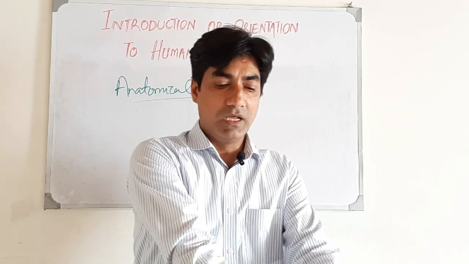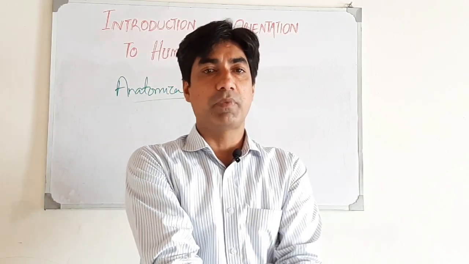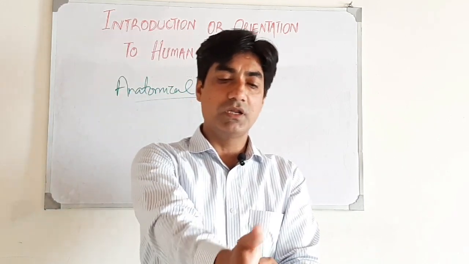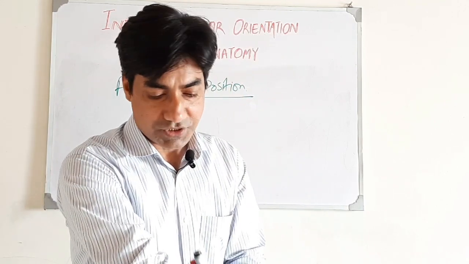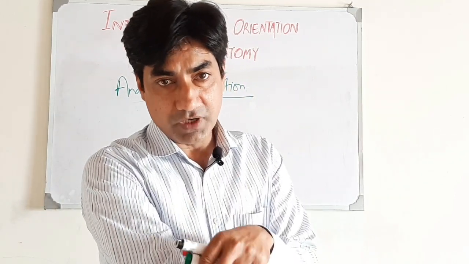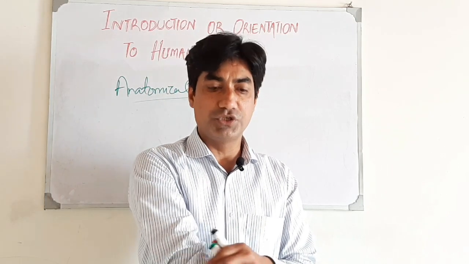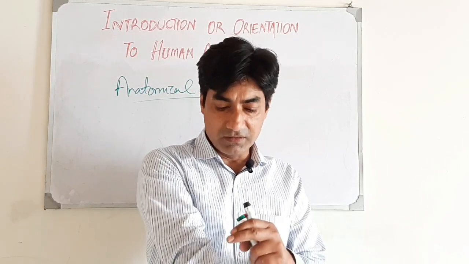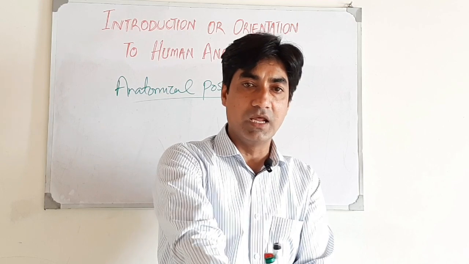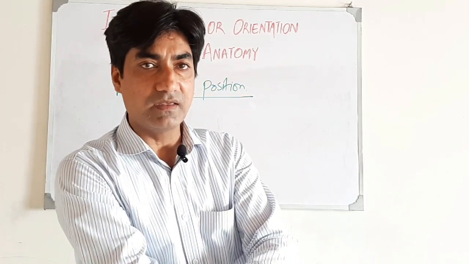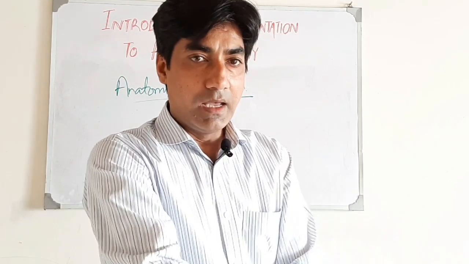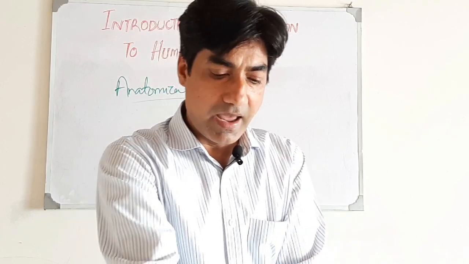In prone position, the palm faces downward, and the radius is medial to the ulna at the elbow, while lateral to the ulna at the wrist joint.